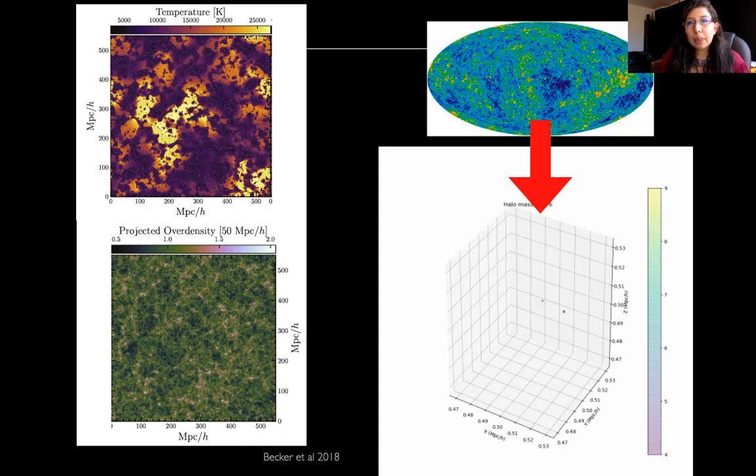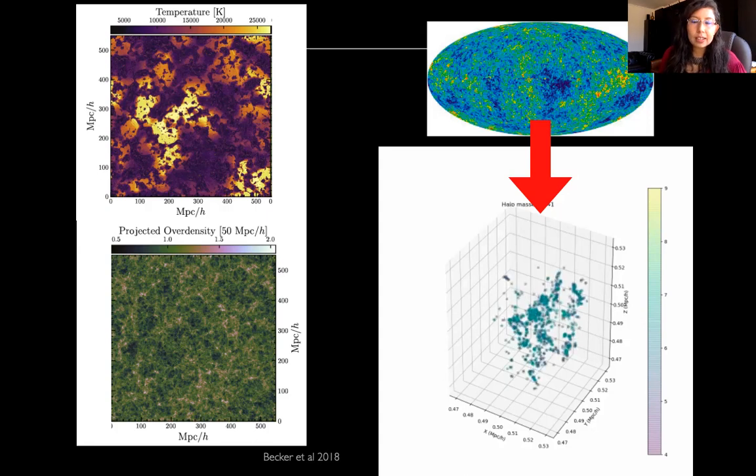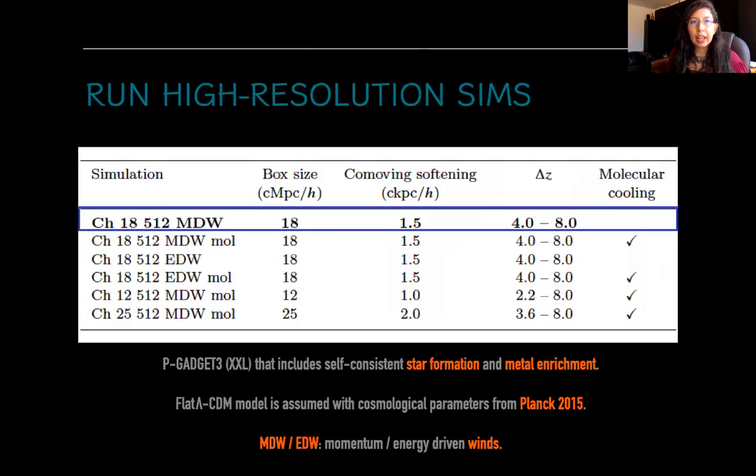In those places we find the overdensities that lead to the formation of galaxies, which is what we have in the picture on the left for the projected overdensity, and then we have the temperature, shown from yellow to purple in different regions. In places where the density and the temperature are above the average, we're going to have the formation of most of the sources that produce the reionization.